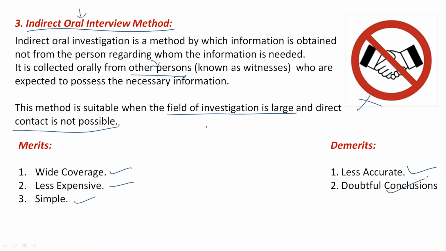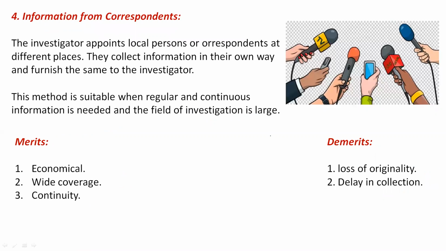Then the fourth method that we have is information from correspondents. Okay, correspondents are also known as local persons. So basically in this method, the investigator will appoint some correspondents or local persons. In simple terms, you can say an agent who can provide the information to the investigator.